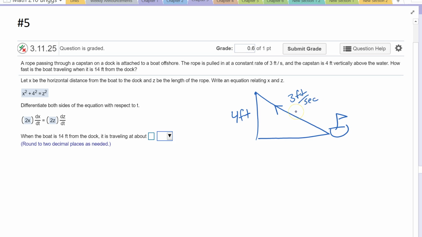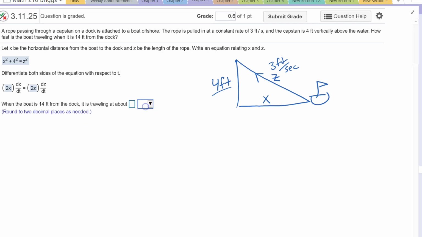This is my z, the length of the rope. x is the horizontal distance, and this is a constant of 4. Relating these three terms, x, 4, and z, I have x squared plus 4 squared equals z squared.